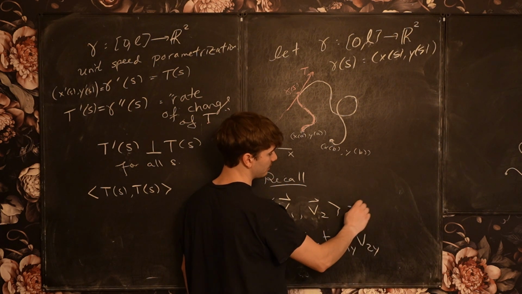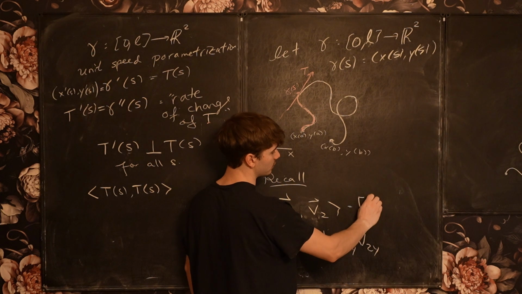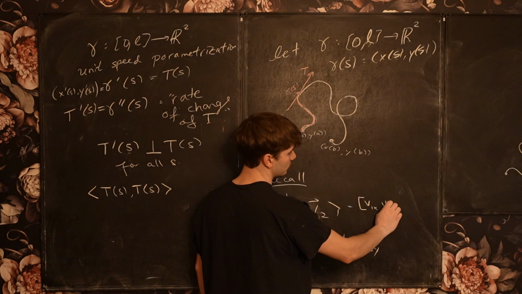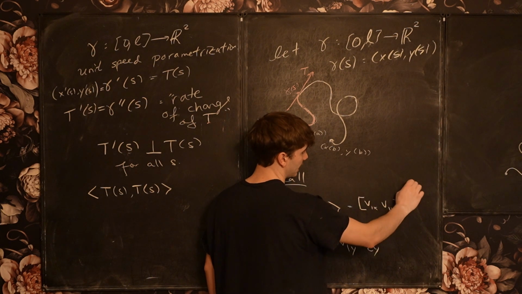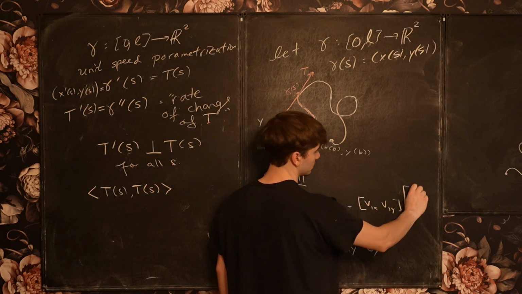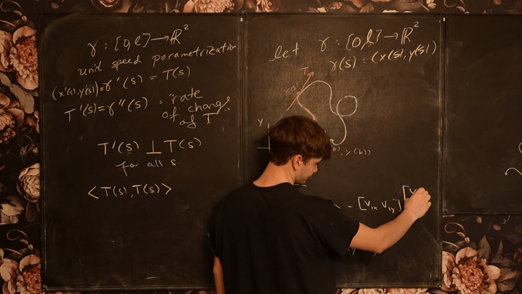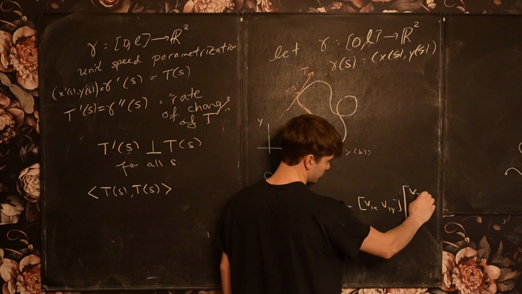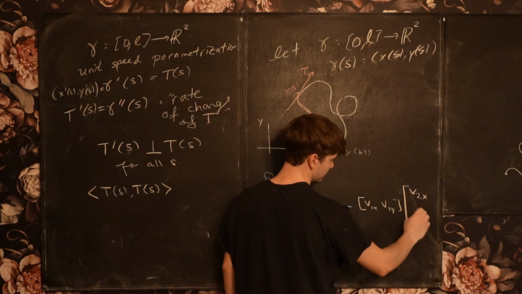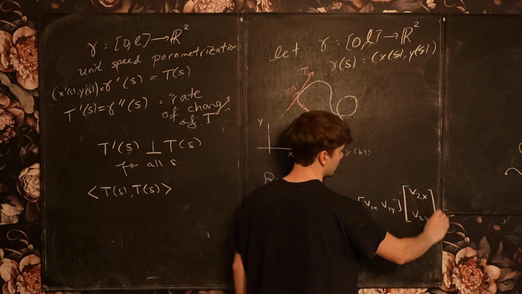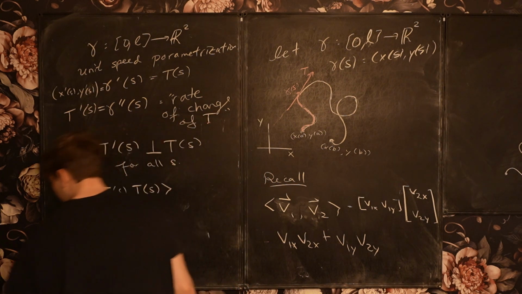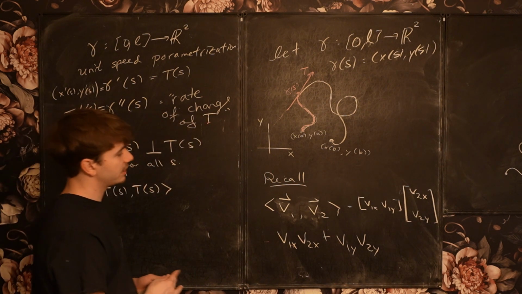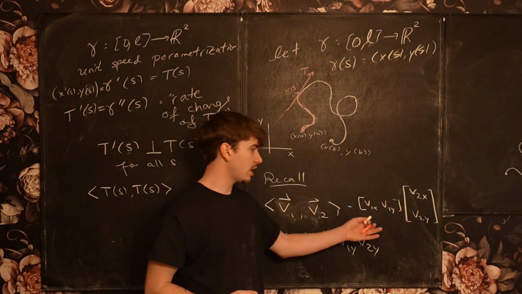The way you can think about this is as a matrix multiplication: you have v1x, v1y, and then v2x, v2y.